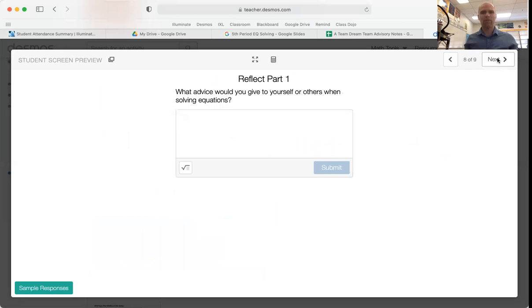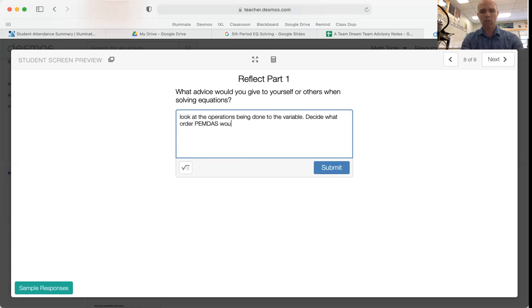What advice would you give to yourself or others when solving equations? There's lots of different things you could type here. What I would say is look at the operations being done to the variable. Decide what order PEMDAS would say to do those operations.